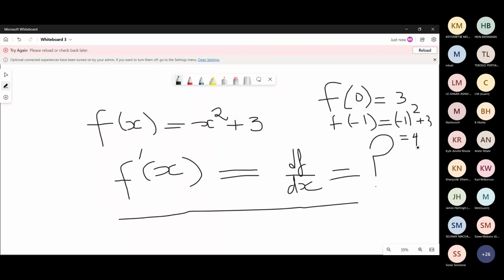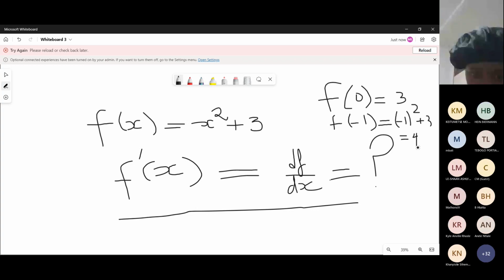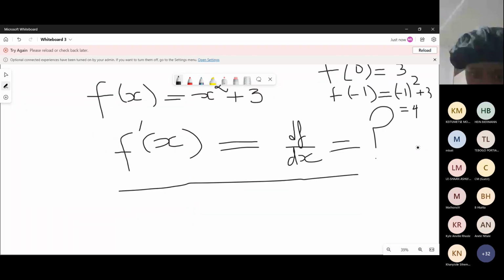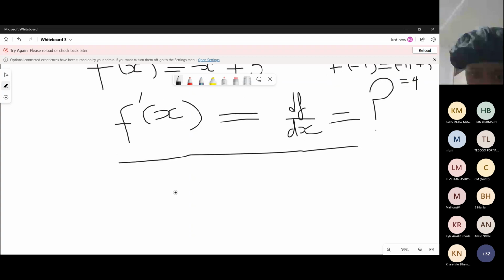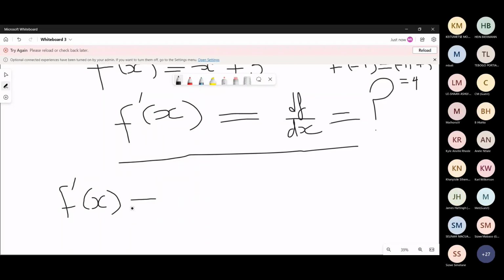Now here we have a function. Now we want to define a new function from f, that will be called the derivative of f. This is how we define this function. f prime of x. Please listen. Please now follow the definition. f prime of x equals.